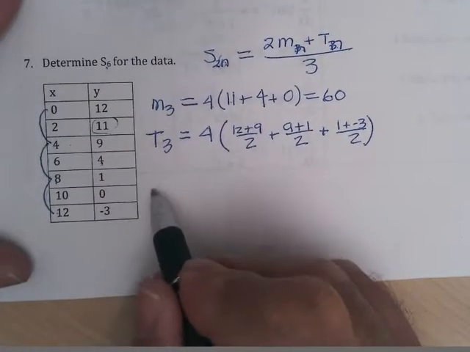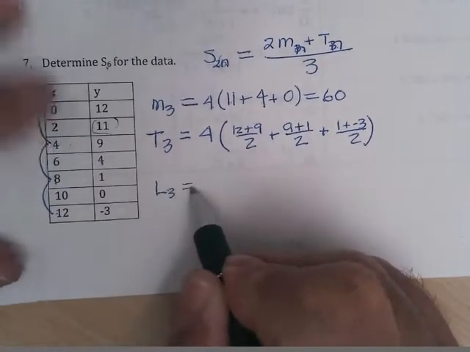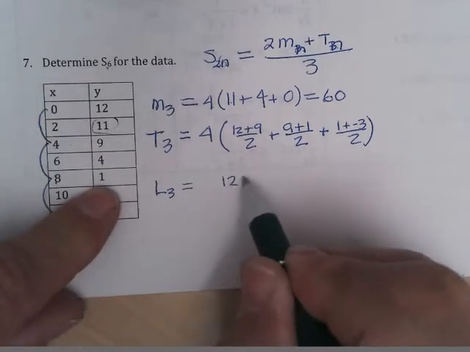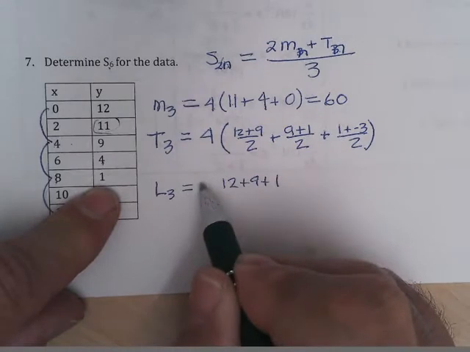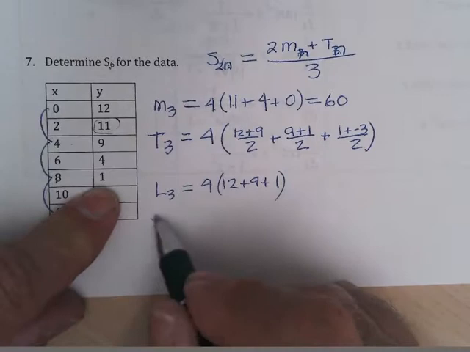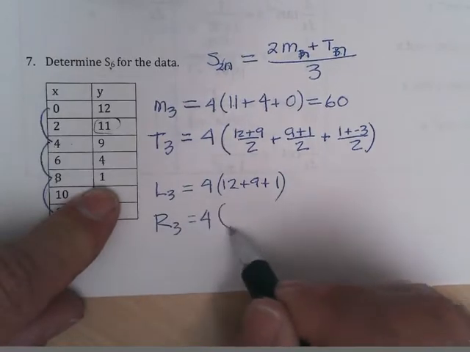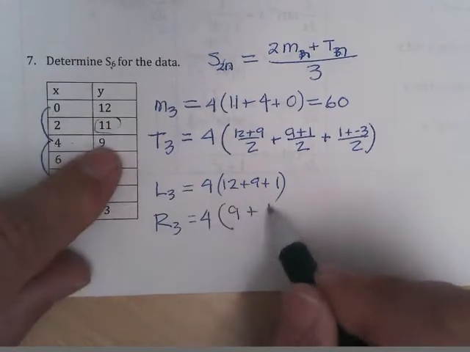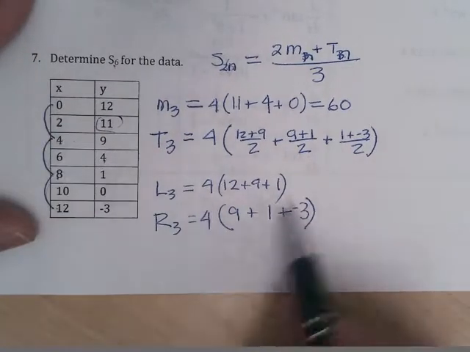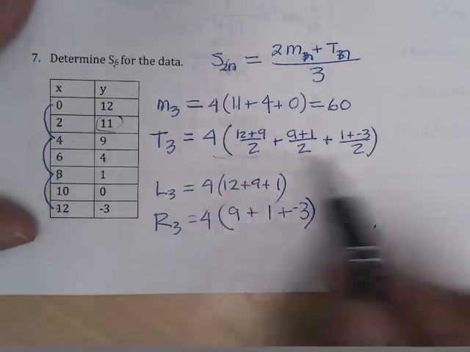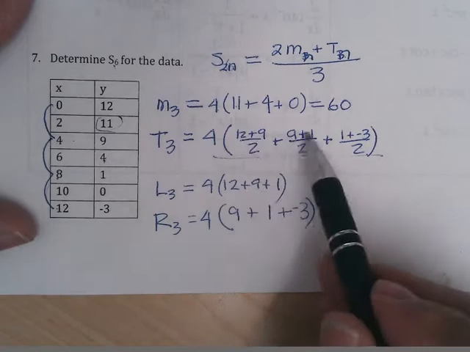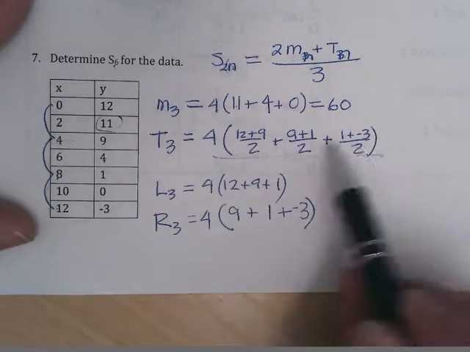Or you could do left 3, which would be 12 plus 9 plus 1 times 4. And right 3 would be 4 times 9 plus 1 plus negative 3. And figure this one out, add them up, divide by 2. Same thing you would get from this. These are all divided by 2, so I can go 12 plus 9 plus 9 plus 1 plus 1 plus a negative 3, divided by 2.